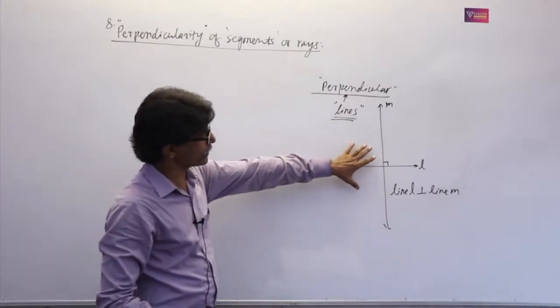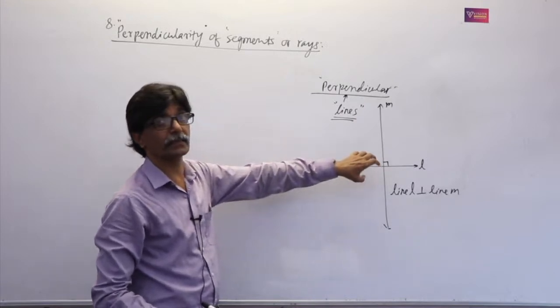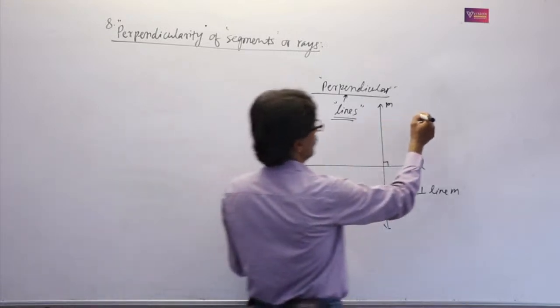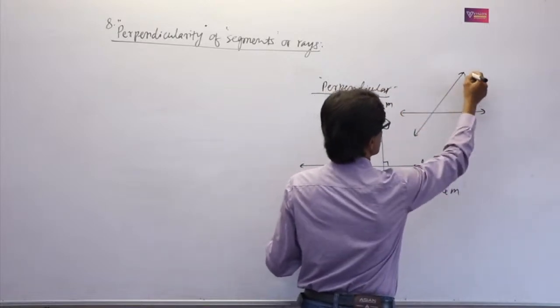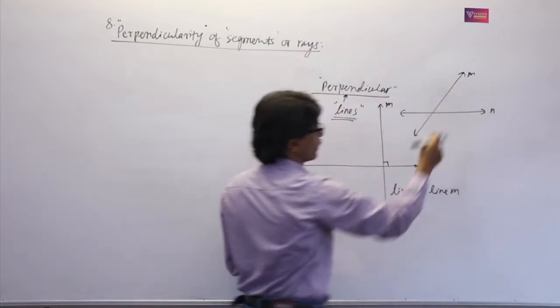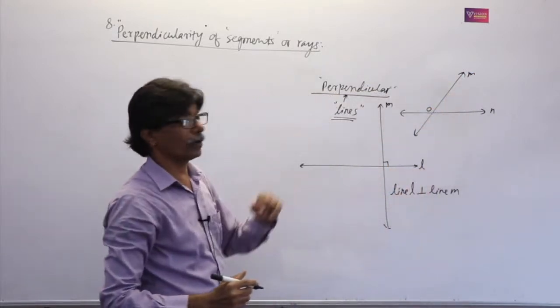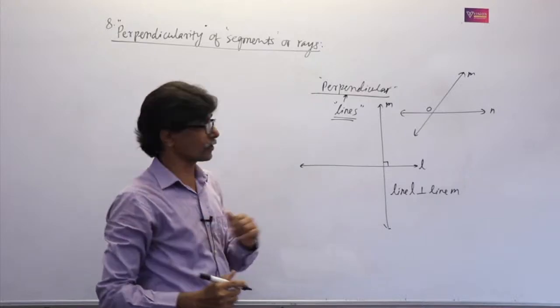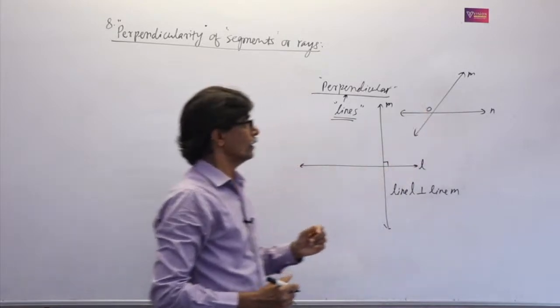So two lines are said to be perpendicular to each other if those lines intersect each other at right angle. For example, if I say that this is a line and this is a line, these lines just intersect each other, line M and line N intersect each other at point O, but they are not perpendicular to each other because the lines are not intersecting each other at right angle.